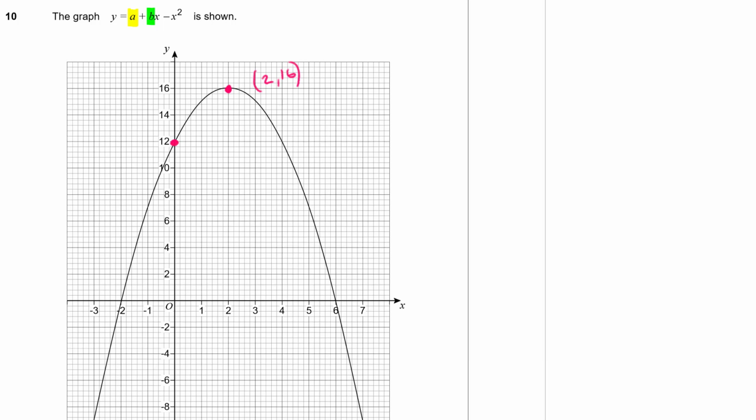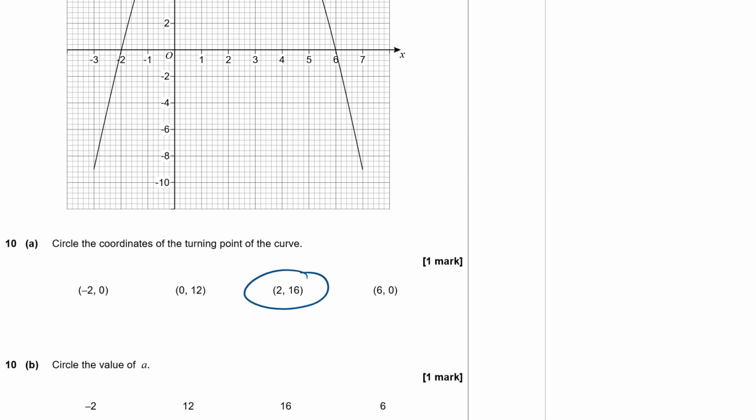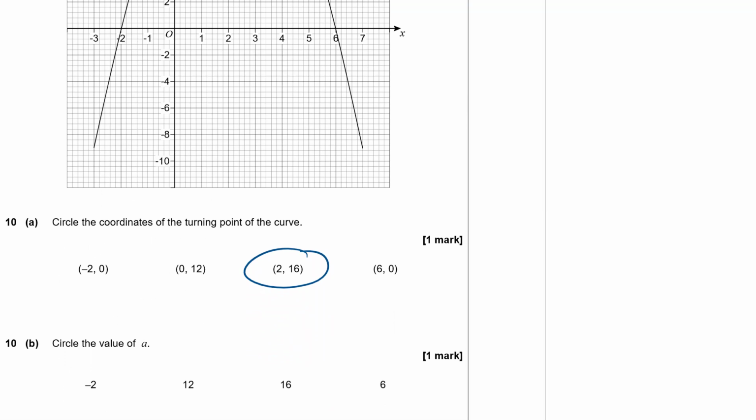So that's going to be our value for a. It's not what we normally have as y equals mx plus c when we're looking at straight line graphs. So normally we use the letter c for this. But here they've labelled it a, so that is going to be the coordinates of a there. So that's the coordinates 0, 12. Circle the value of a. It's going to be 12. That's the y-intercept.